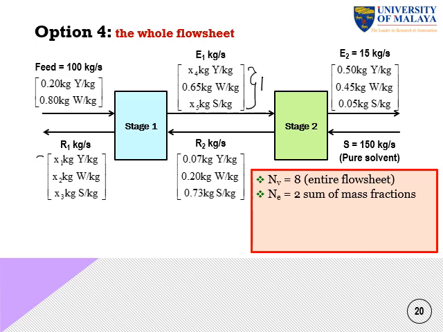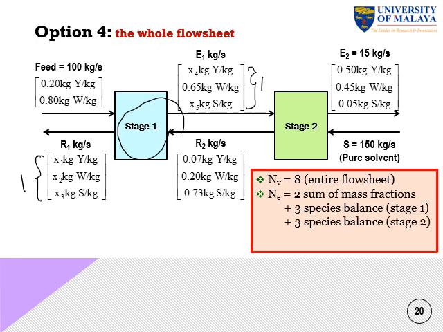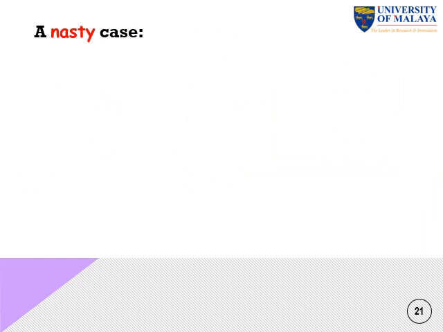These are the other sum of mass fraction here. Okay, so these are the two sum of mass fraction, and then you have 3 species balance on stage 1, and also in stage 2 you have another 3 species balance. So in total you have 8 independent equations. So your DOF is 0.